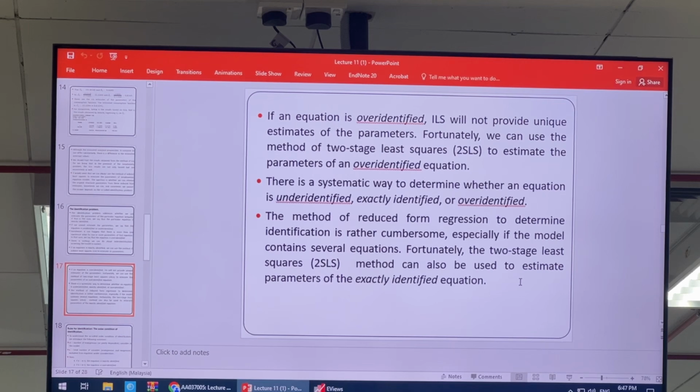So in this lecture we have two different ways of estimation: indirect least squares (ILS) and two-stage least squares. Indirect least squares can be used to estimate an exactly identified equation.